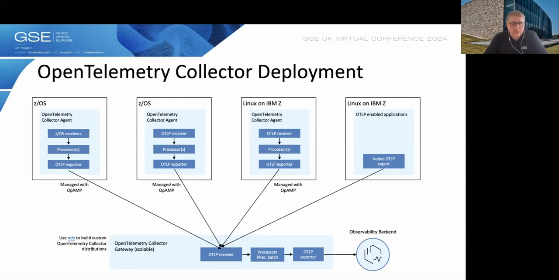And then on the lower left part, you see that the OCB, the OpenTelemetry Collector Builder, is used to build specific or custom collector distributions. This is also of interest. As you have seen, there are different receivers and exporters available for the collector. There are very likely use cases where you would have a custom build of the collector which is specific to the mainframe environment. And this is something that can be done with the OpenTelemetry Collector Builder.